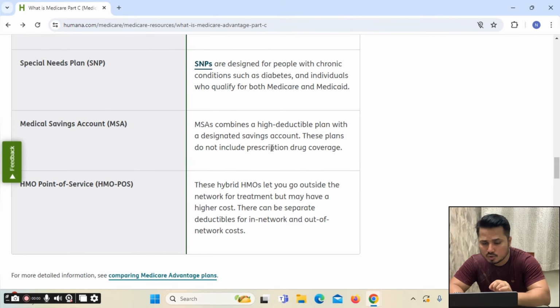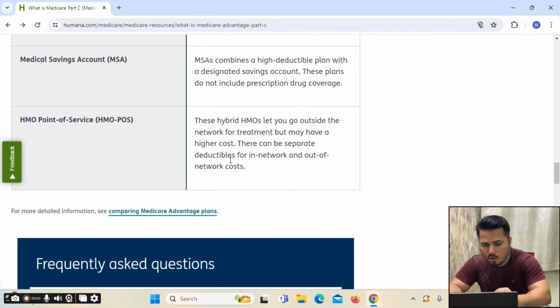These plans do not include prescription drug coverage, guys. Now, HMO point of service, and the short form is HMO POS. These hybrid HMOs let you go outside the network for treatment but may have a higher cost. There can be separate deductibles for in-network and out-of-network costs, guys.